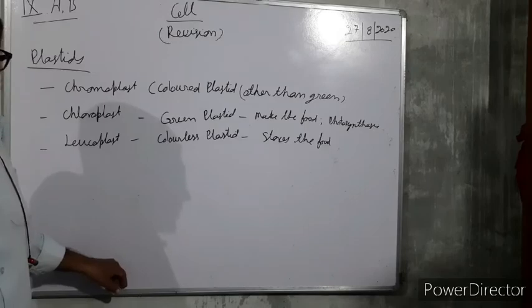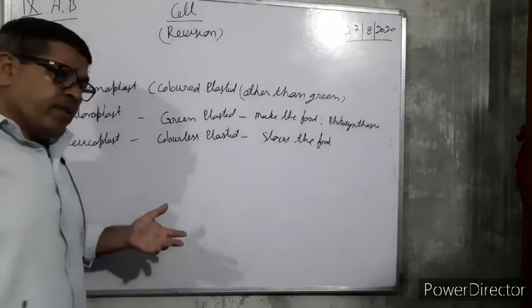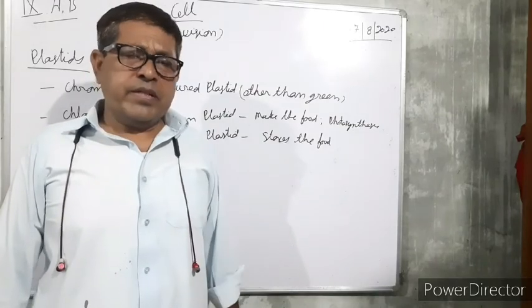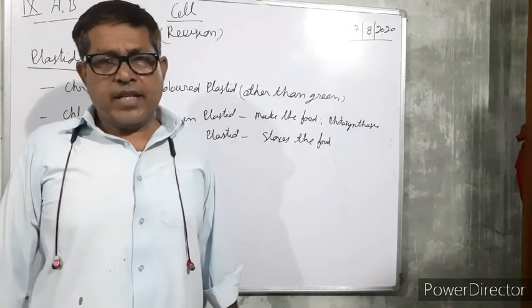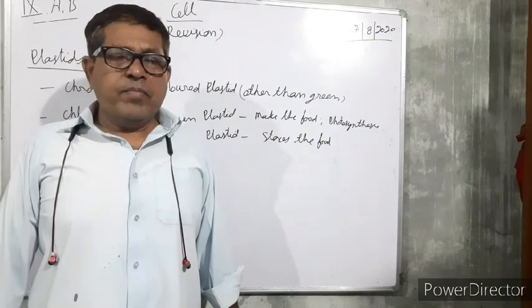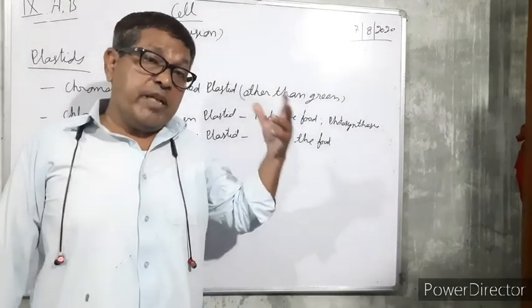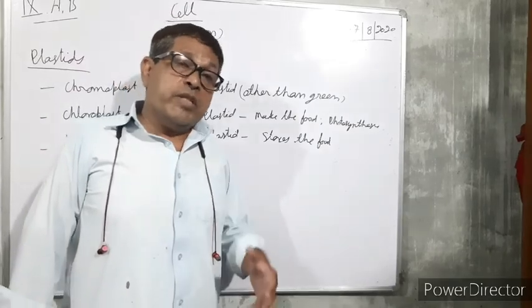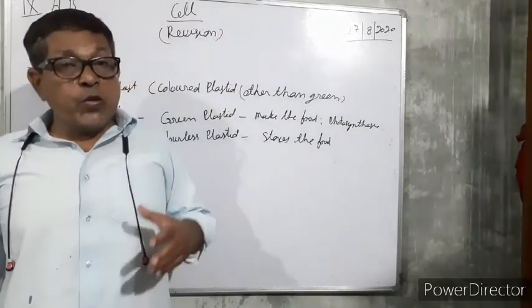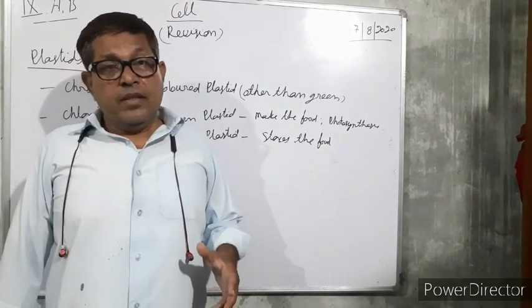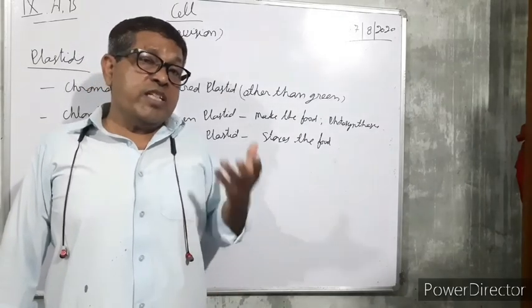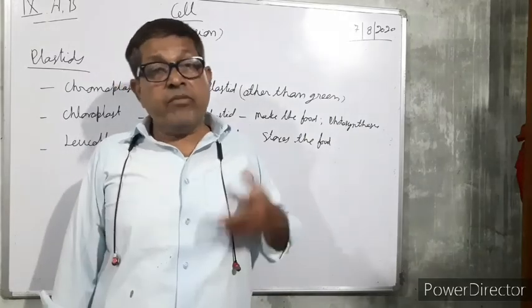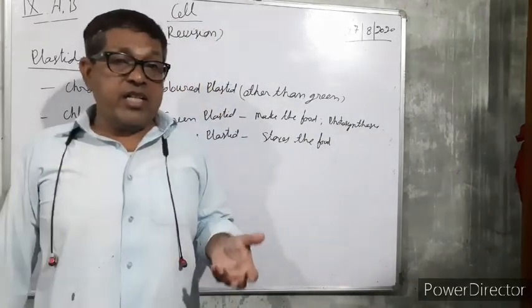You have studied that we are getting carbohydrate from wheat, rice, etc. Food is made by the plant, made by the leaf, but food is formed in the form of glucose. Glucose is utilized in the plant itself, but the surplus amount of glucose is converted into starch.